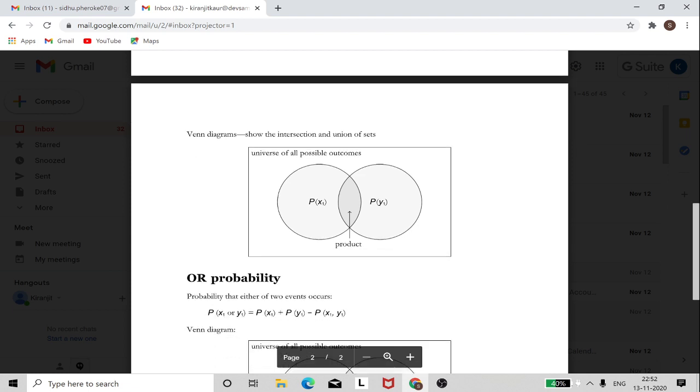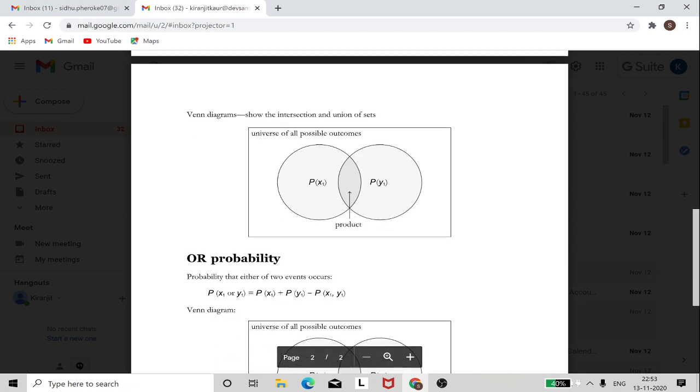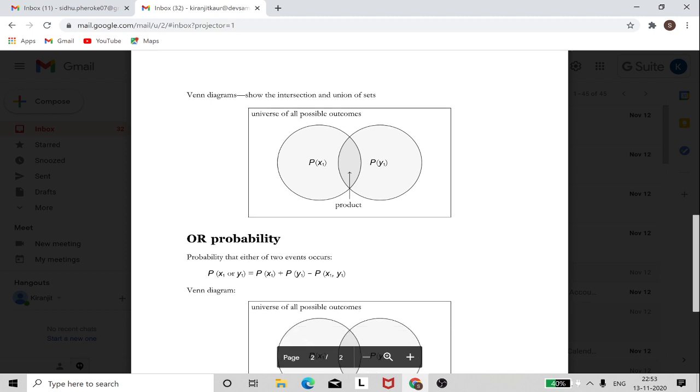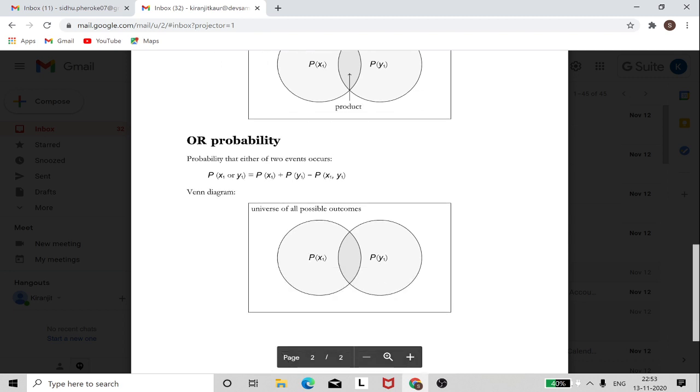So, the probability that either the coin comes up head or the die comes up 3 would be 1 by 2 plus 1 by 6 minus their product 1 by 12, which is equal to 7 by 12.